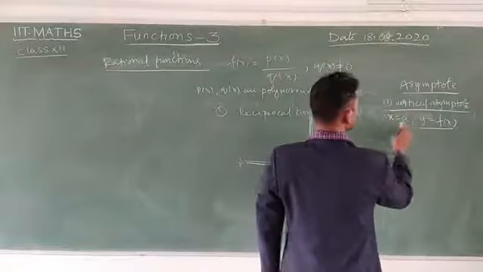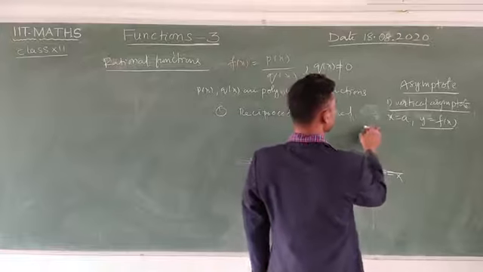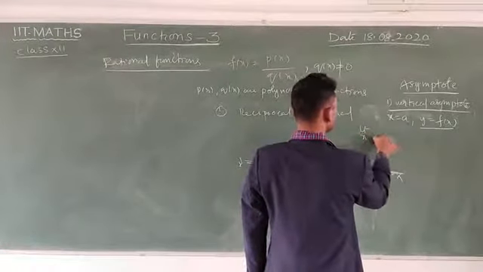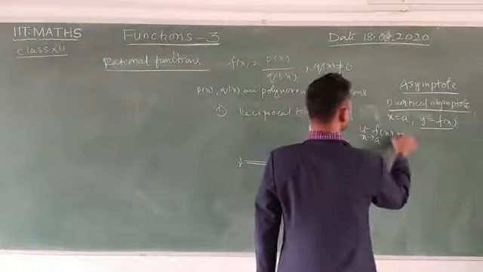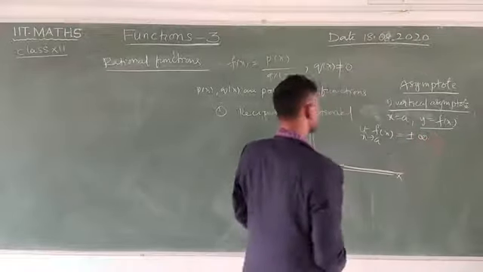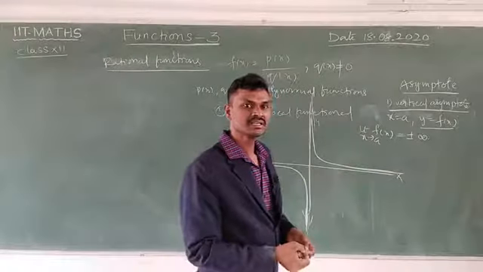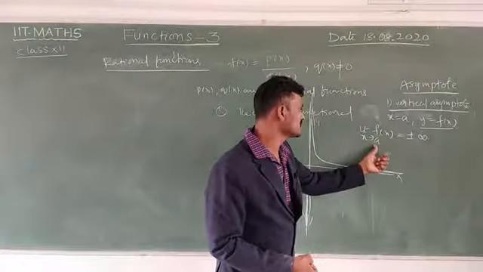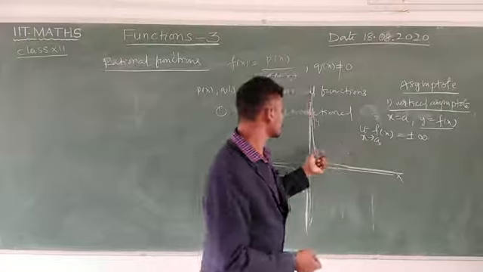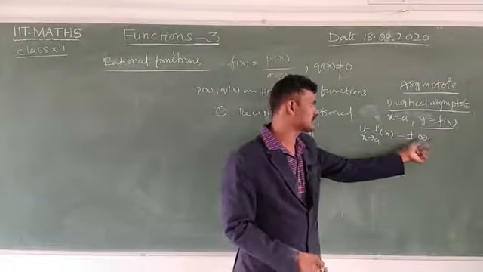Now x is equal to a means the limit as x tends to a of f of x is equal to plus or minus infinite. That means when you apply the limit, it touches at infinite distance, that's why its value is infinite.